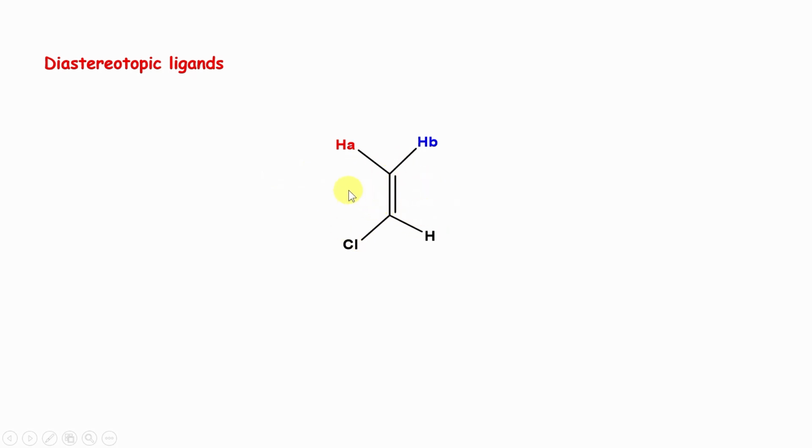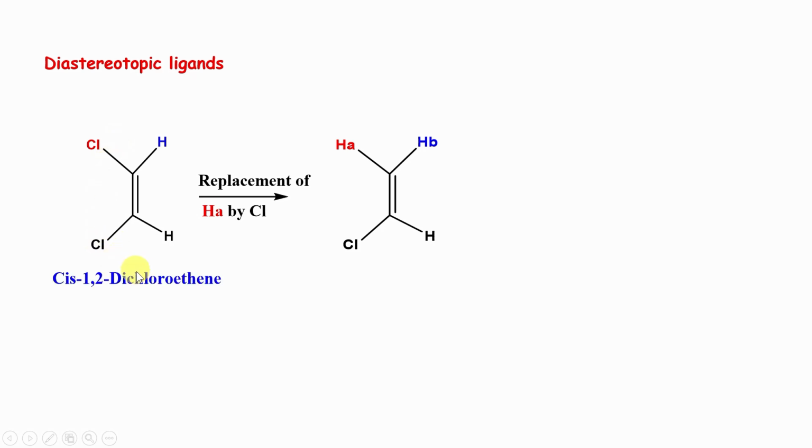If you replace the red hydrogen HA of this chloroethene by a chlorine atom, we will get this cis-1,2-dichloroethene. Then if you replace the HB hydrogen of this chloroethene by chlorine, we will get trans-1,2-dichloroethene.